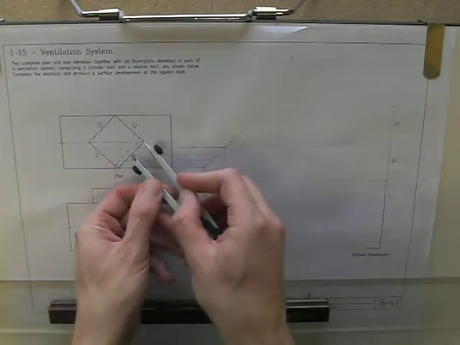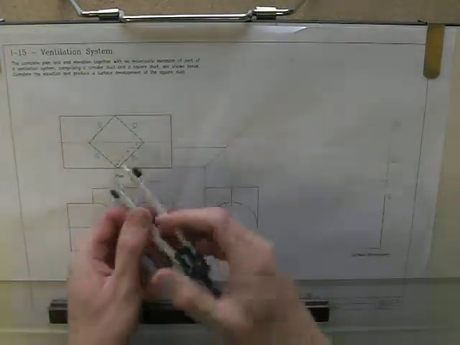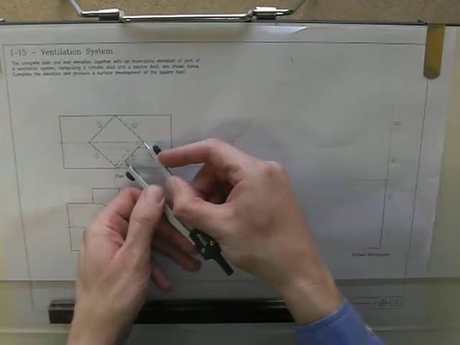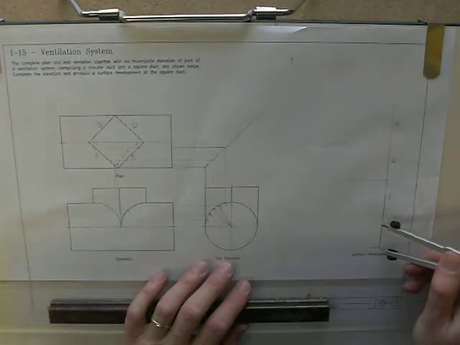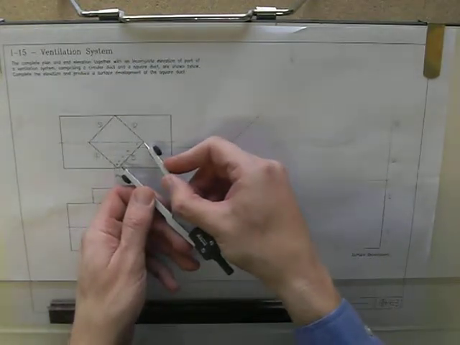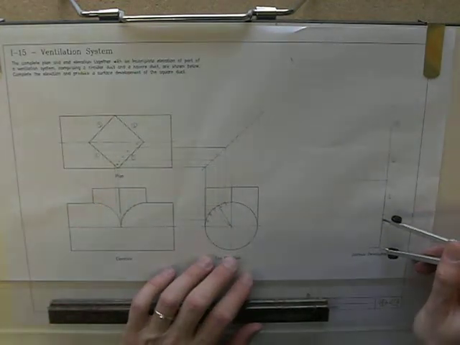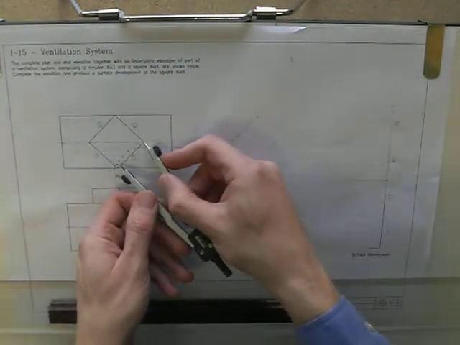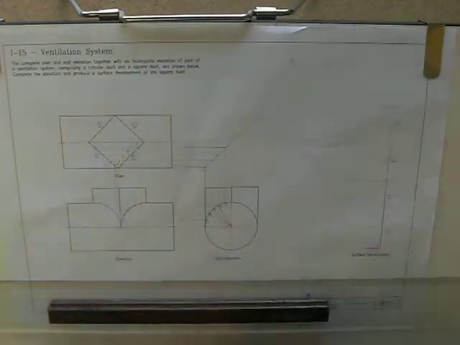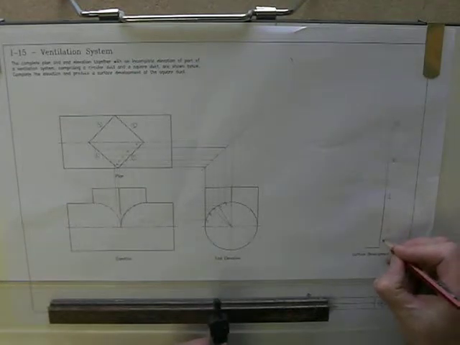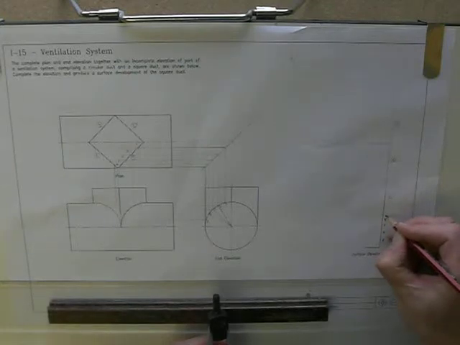So that's E, and then from there to there is D. And then there to there is C. There to there is B. And finally from there to there is A. Okay, so just label these up. So that's E, D, C, B, and A.